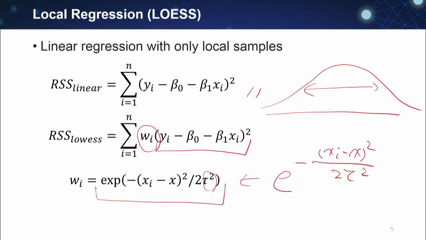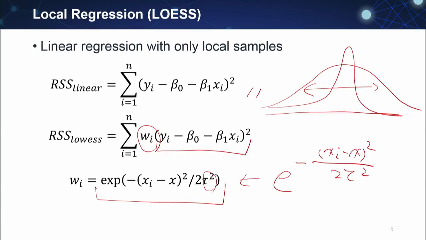However, if this tau is small, we have a narrow curve like this. Then we include fewer data points. Extremely, if tau is very large, LOESS will consider all data points almost equally, then it becomes similar to the ordinary linear regression.